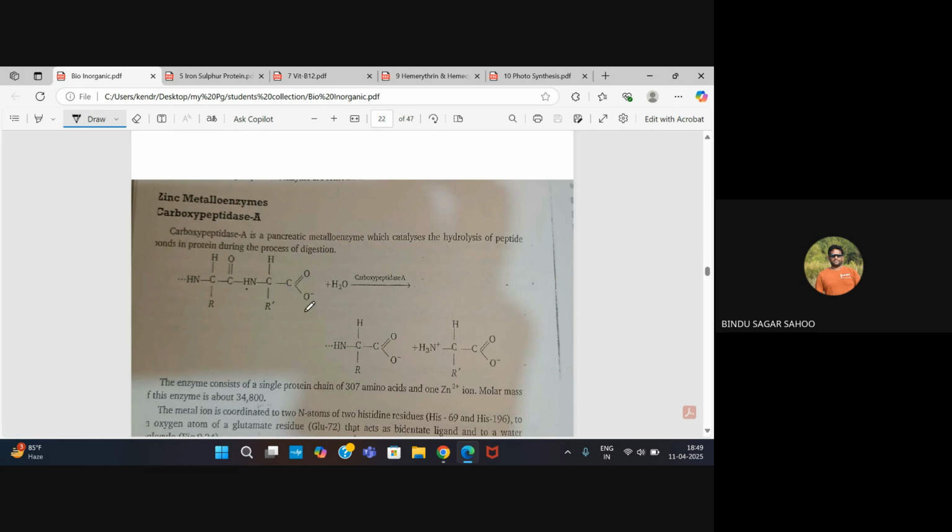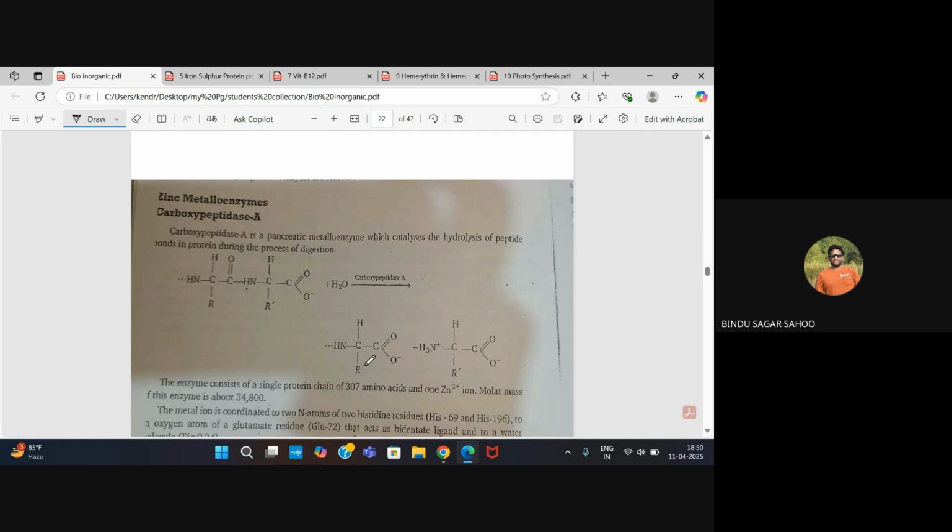This is called the C terminal site. So the role of carboxypeptidase is to break the last amino acid from the C terminal site. That means it will break this peptide bond and it will get converted to these two types of ions.